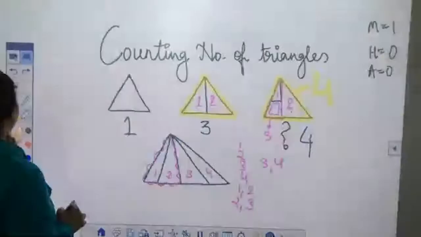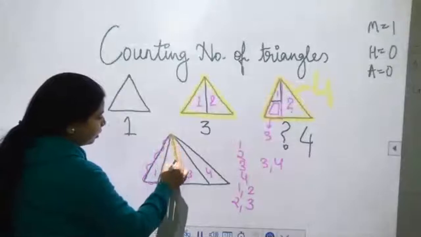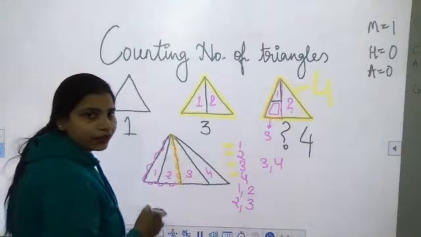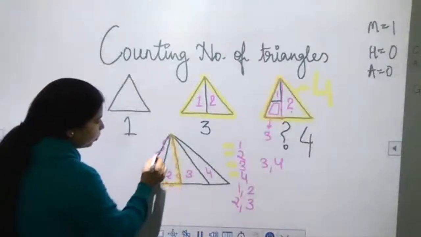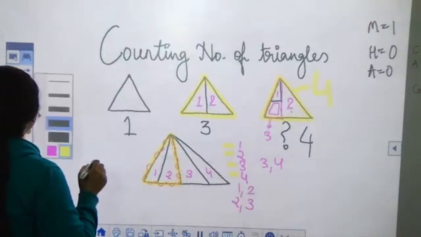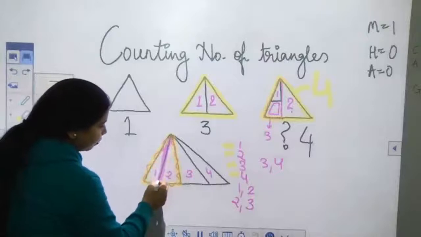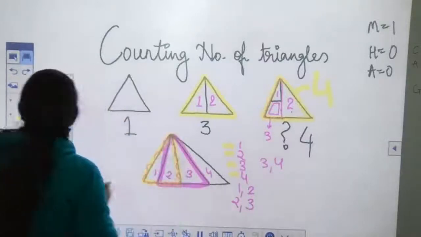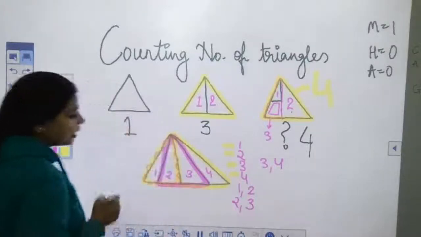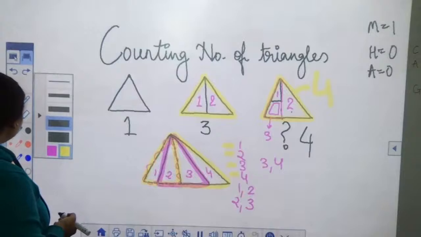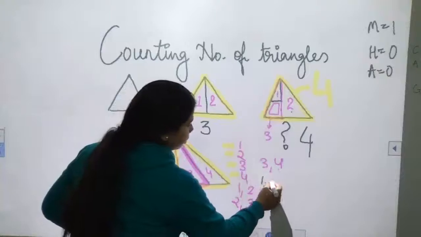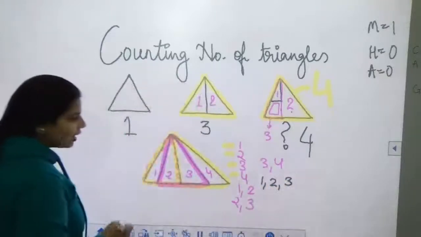Can you see? Let's see who is answering correctly. So 4 triangles are isolated. After these 4 isolated triangles we will see a pair 1 and 2. Then we have a pair of 2 and 3, and then again 3 and 4, right? If we combine 1, 2 and 3, are they forming a triangle?